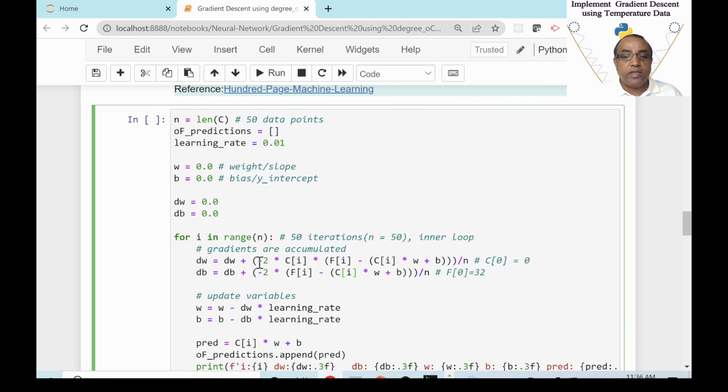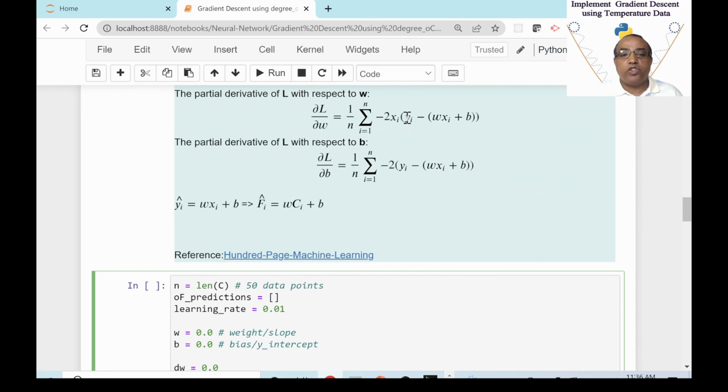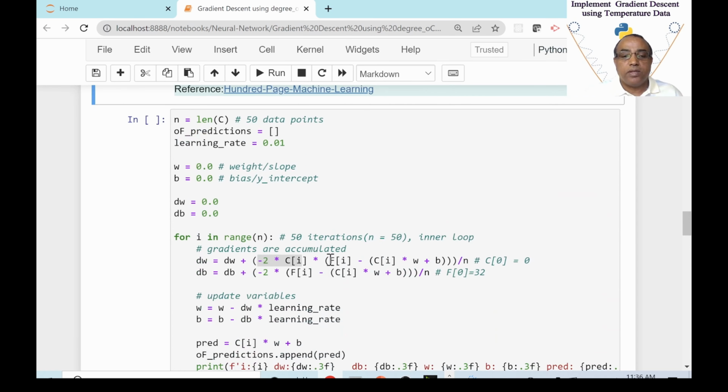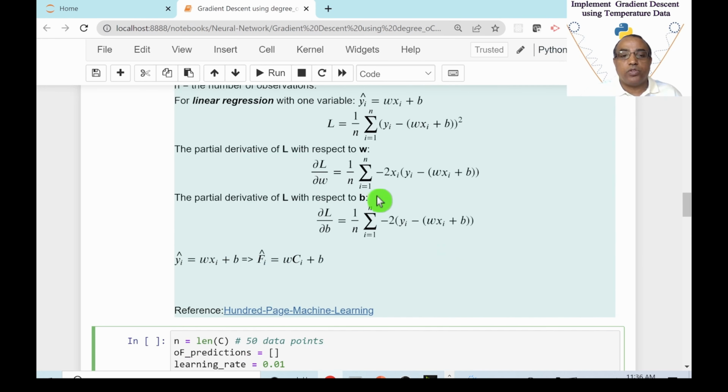Minus 2xi is minus 2 times degree Celsius, this part, and this part of the equation is degree Fahrenheit minus (degree Celsius times w plus b). Over n, because this is an average value.